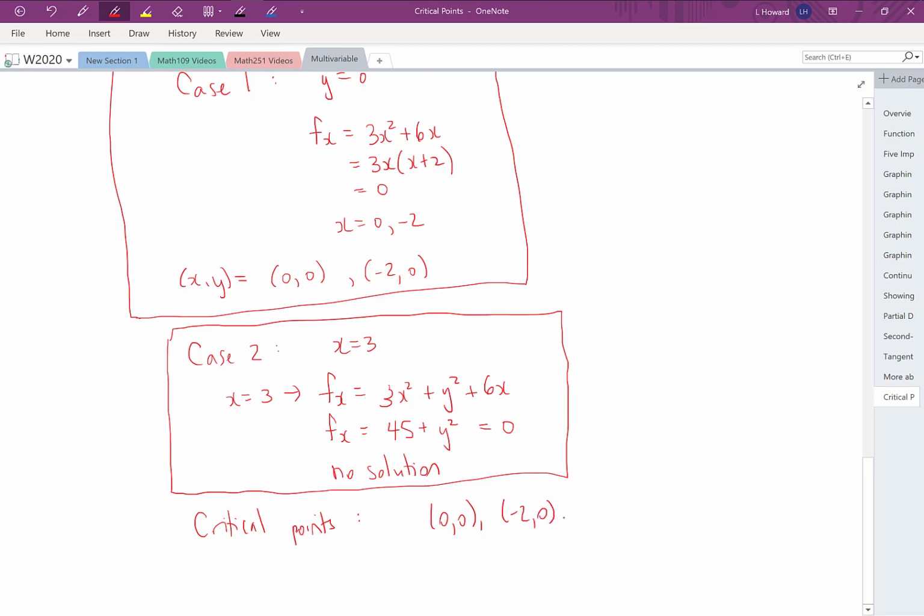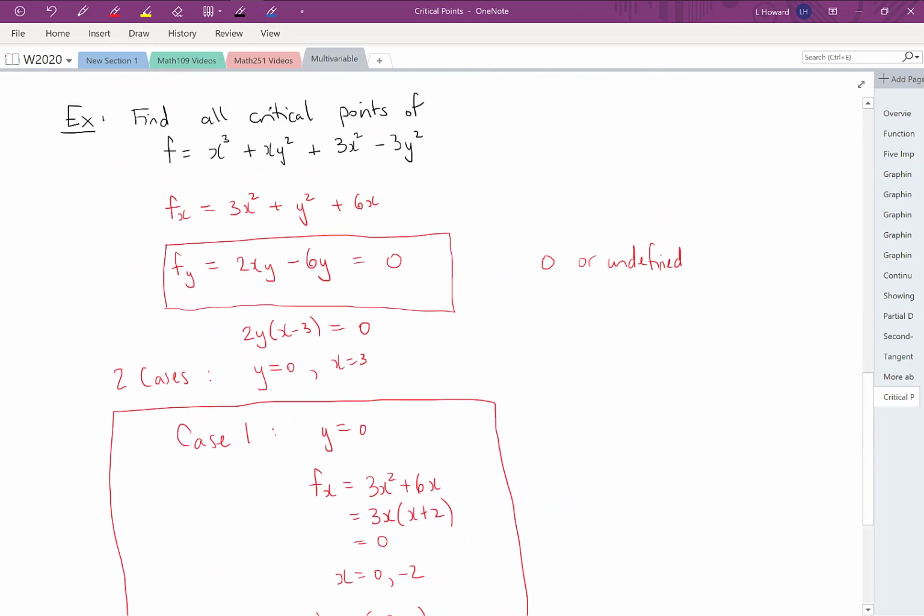So just a quick recap for how we handle this type of problem. In order to find your critical points, you need to calculate both your partial derivatives and figure out where they are 0 or undefined. Most of the time, that's just going to mean figuring out where they're equal to 0. So sometimes you'll just be able to factor your 2 partial derivatives independently, but sometimes you run into more complicated situations like this one where you need to deal with one of your partial derivatives first.